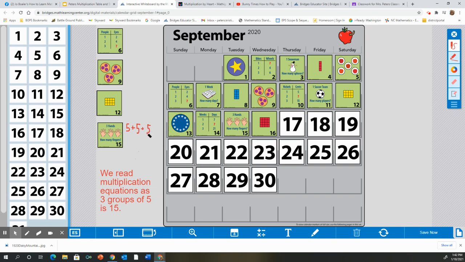But then we introduce this idea, well, we can also write it as multiplication or 3 groups of 5. So we try and connect that repeated addition to writing it as this, and we really emphasize that we read multiplication equations as 3 groups of 5 is 15. And so that's how we start out in September.